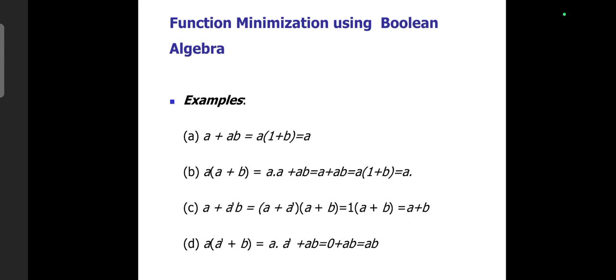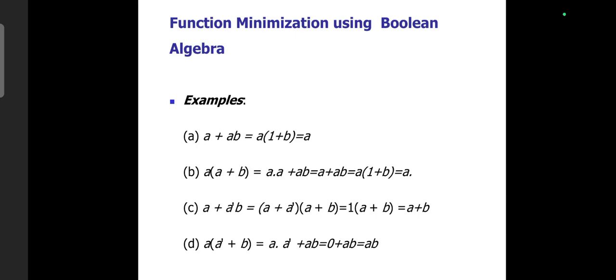Next we'll move to function minimization. These function minimizations I have already discussed in the previous lecture. So I will just write out the examples and give the clue about the laws used for this minimization.